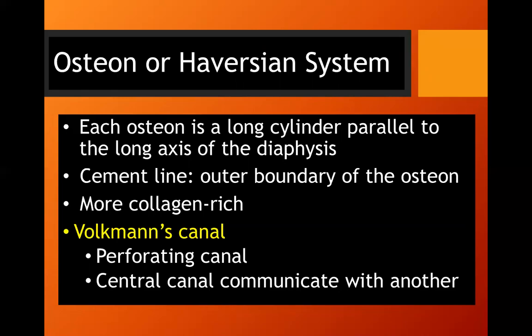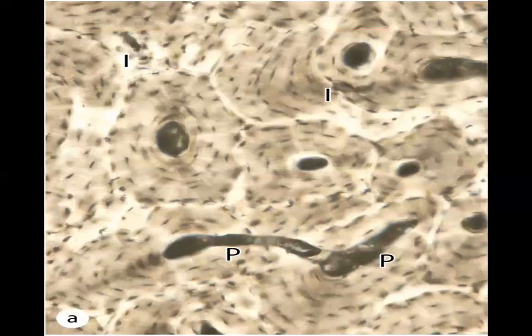What else do we need to know in the Haversian system or osteon? It is a long cylinder parallel to the long axis of the diaphysis, and they are more collagen rich. And we have the so-called Volkmann's canal. Your Volkmann's canal is actually a perforating canal, and that canal communicates with another central canal. So if this one is one Haversian system, and this is the central canal, the structure being pointed right now is your perforating canal or your Volkmann's canal.